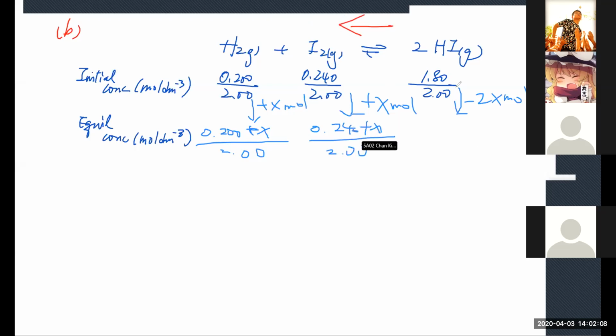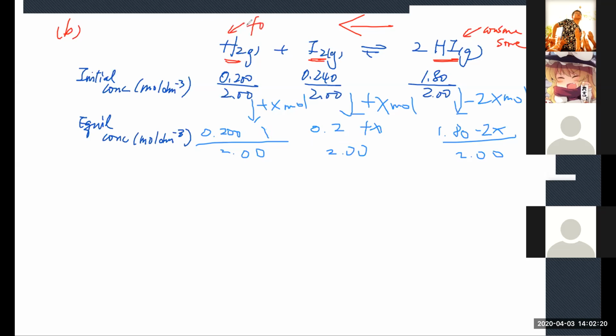Which means that part of this HI will be consumed, while for these two, what will happen? They will form some. Can you get my point? So that's why form plus, consume minus. You understand?